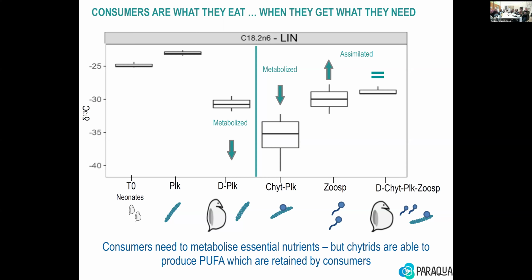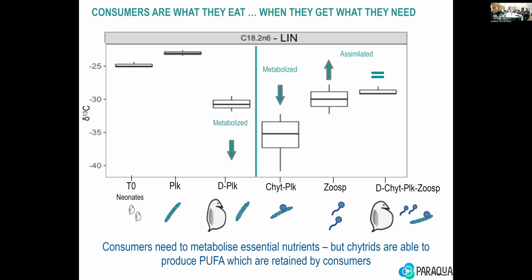When we have a look, for example, at a chytrid-Planktothrix association, the signal is even lower. So there is some metabolic pathway involved. There is some metabolization of this linolenic acid somewhere in the chytrid, so it's not in the algae.